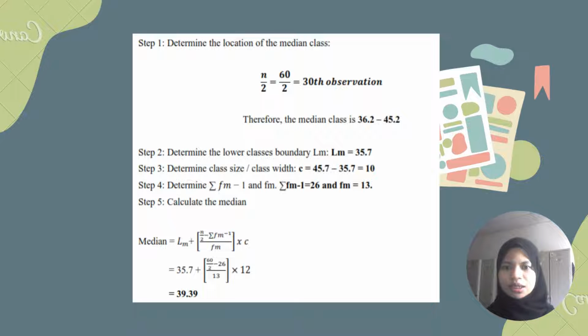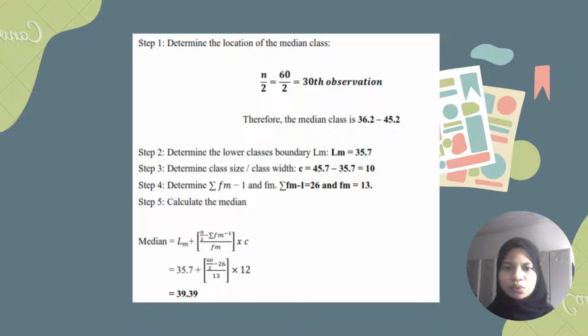Step 2 is to determine the lower class boundary, which is 36.2 minus 0.5 equals 35.7. Step 3 is to determine the class size or class width, which is C equals 45.7 minus 35.7 equals 10. Step 4 is to determine the sum of Fm minus 1 and Fm.